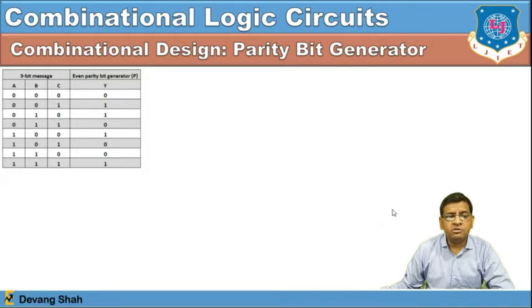For 0, 0, 1, the number of ones is 1, so I define the output as 1. In the same way, for the sequence 0, 1, 0, the even parity bit is 1. For 0, 1, 1, there are two ones, so I make it 0. Here the specification I have taken is that when the number of ones is 1, 3, 5, 7, the output would be 1.